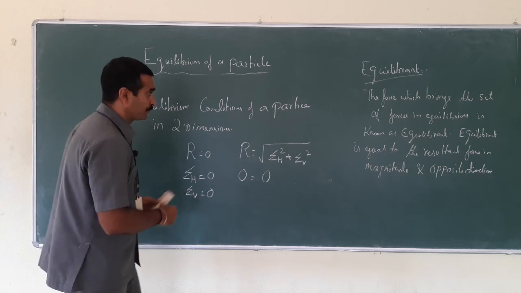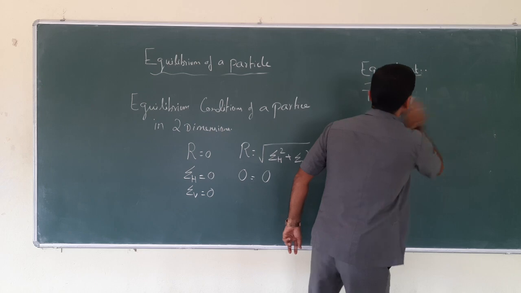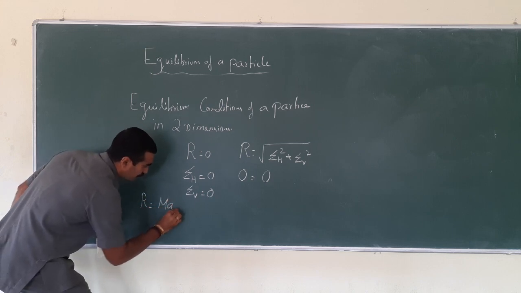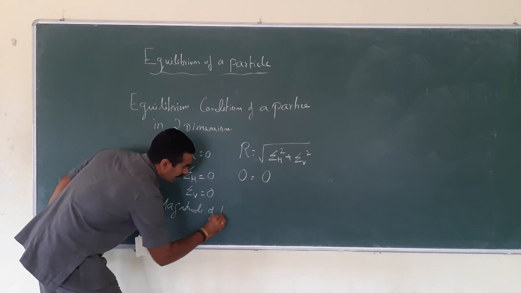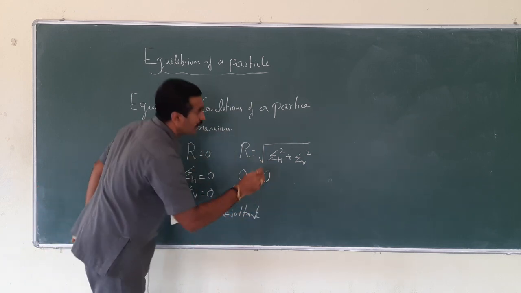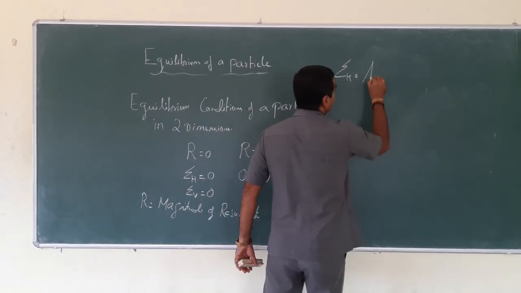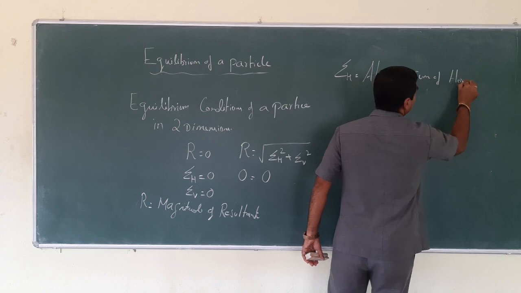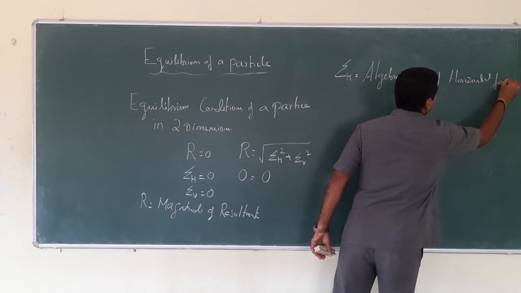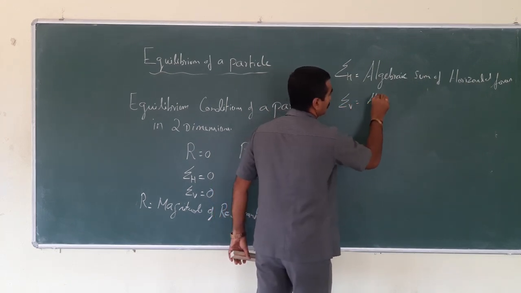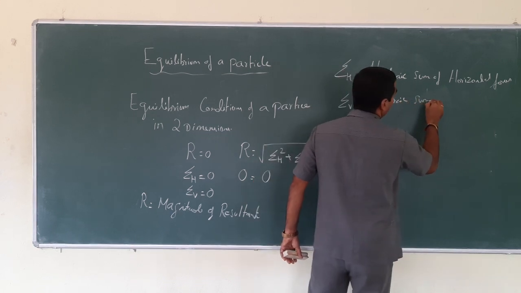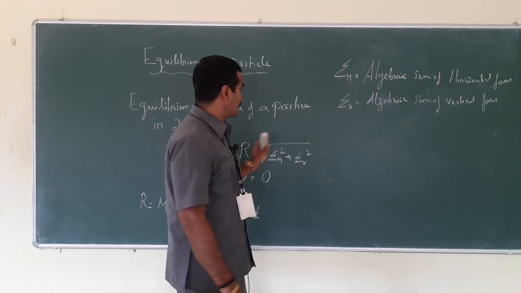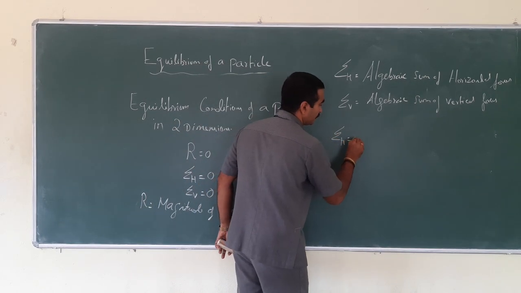Here R is the magnitude of the resultant, summation H is the algebraic sum of horizontal components or horizontal forces, and summation V is the algebraic sum of vertical components or vertical forces.